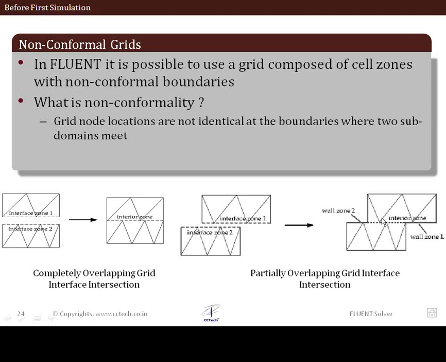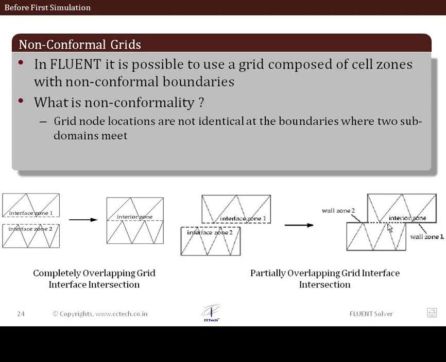And this is very helpful when, let's say, we are giving the task of mesh generation to different engineers and they are generating meshes independently, and ultimately in our simulation environment in ANSYS Fluent we are merging all the different meshes. In such cases these non-conformal mesh interfaces can be employed.